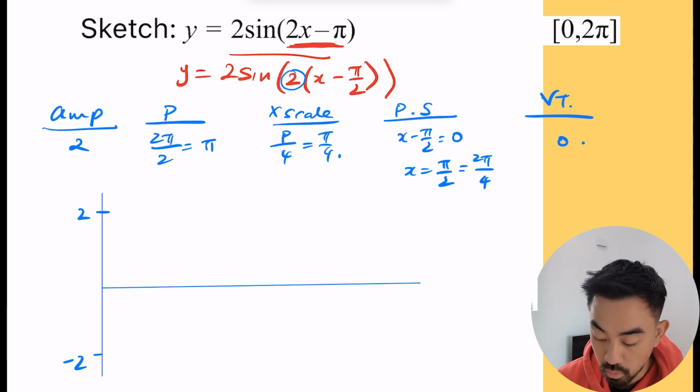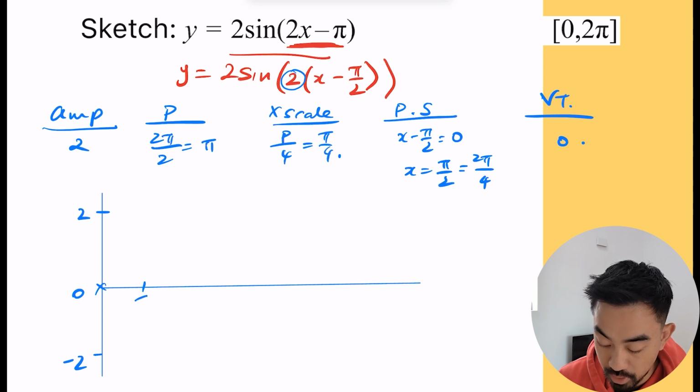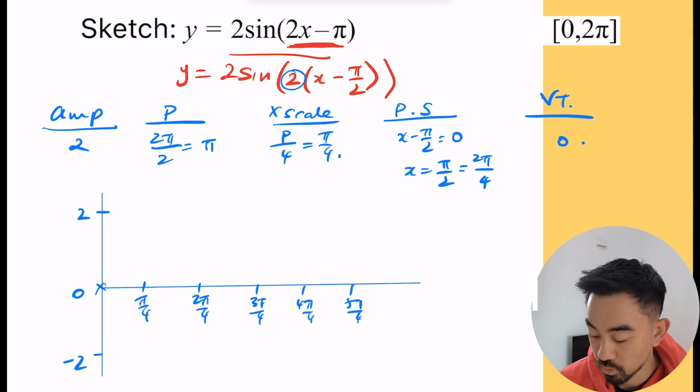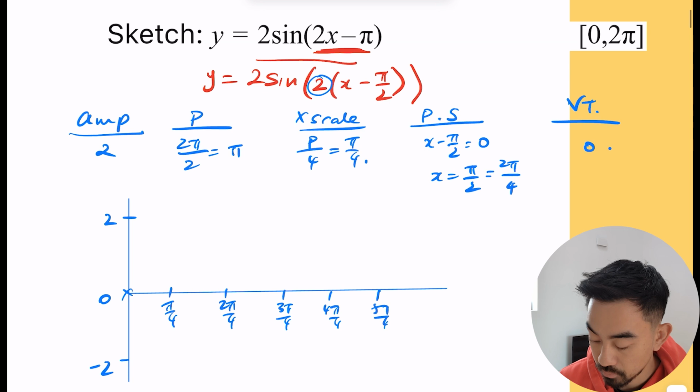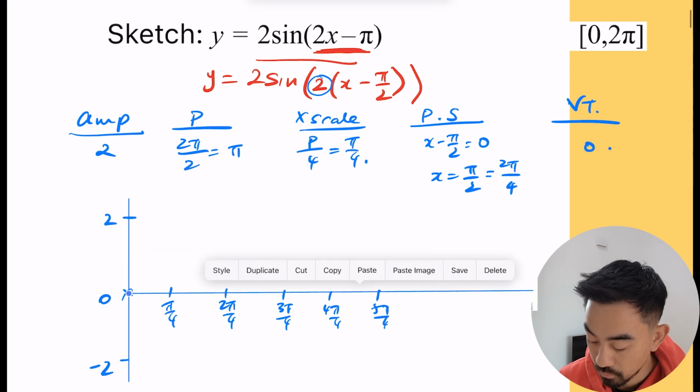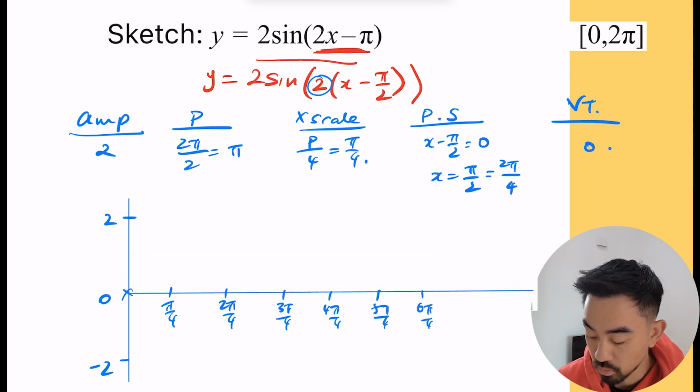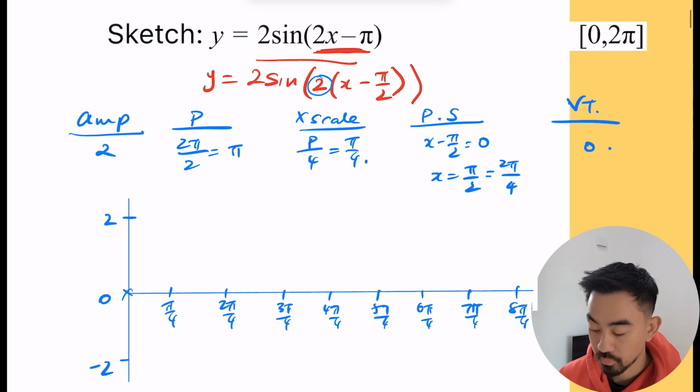So once again, let's start with a 0 and put your numbers in. You've got pi on 4, 2 pi on 4, 3 pi on 4, 4 pi on 4, 5 pi on 4, 6 pi on 4, 7 pi on 4, 8 pi on 4.